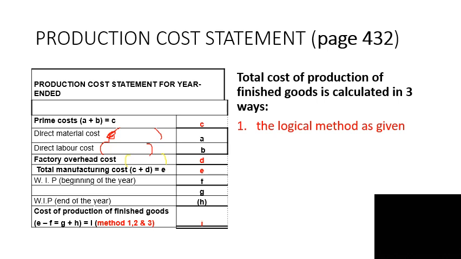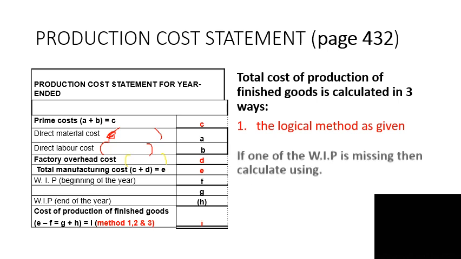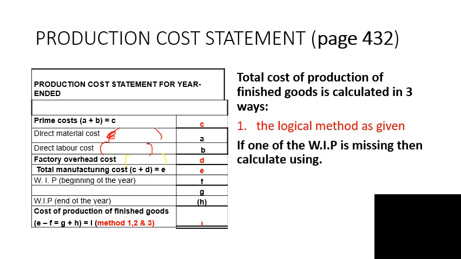This is the logical method. This is the normal way of presenting the production cost statement. Now, you are going to notice that examiners might not give you one of the work in process amounts, either at the beginning or at the end.